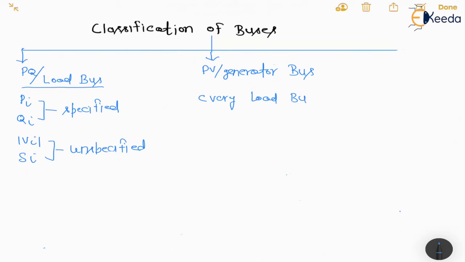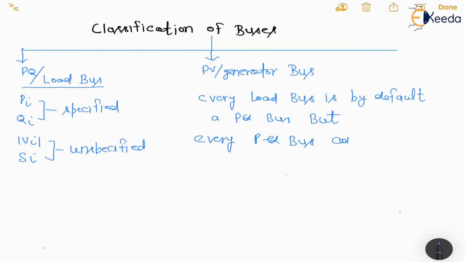Every load bus is by default a PQ bus, but every PQ bus cannot be a load bus.